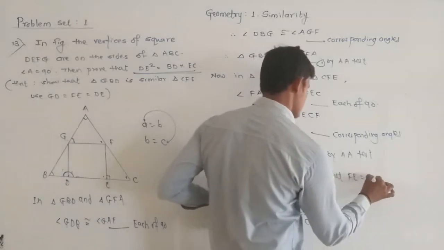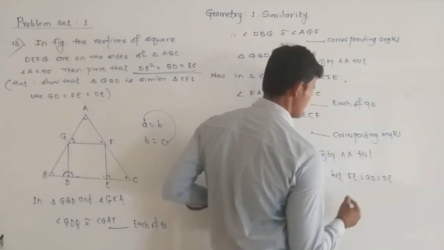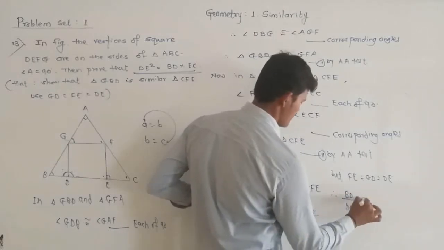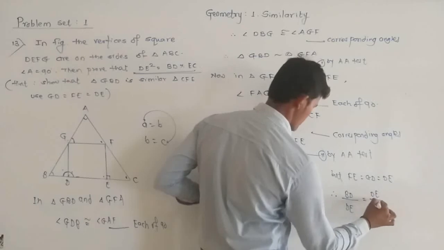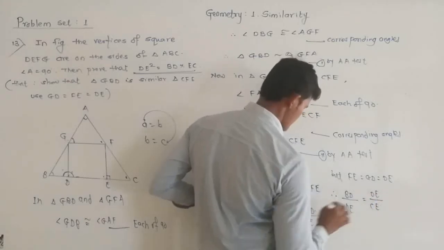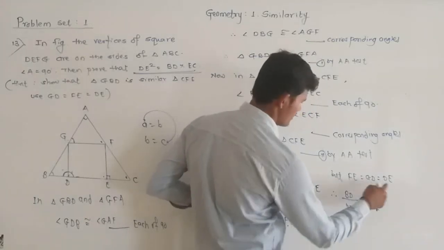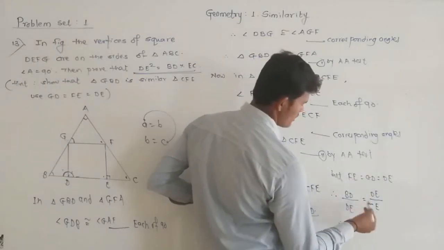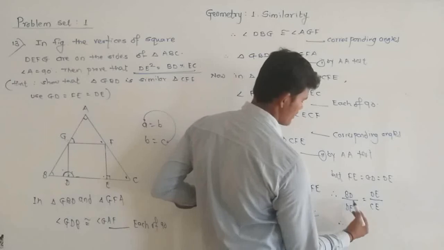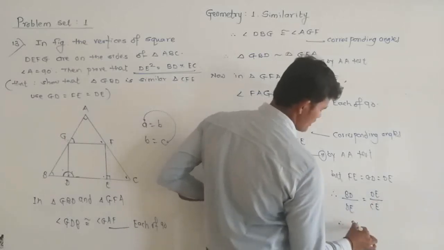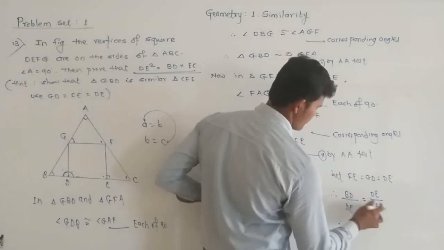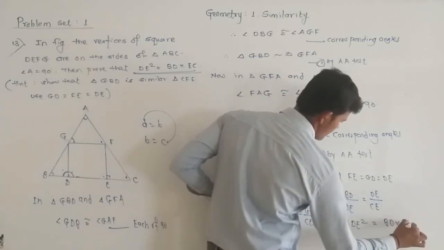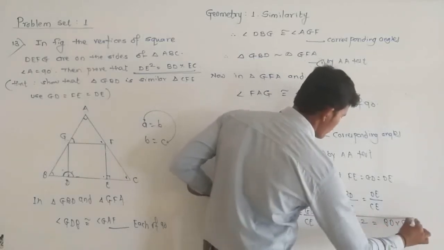We get BD upon DE is equal to DE upon CE. So finally, both the ratios are equal. So perform cross multiplication. DE into DE is nothing but DE square and BD into CE. This is what we have to prove.